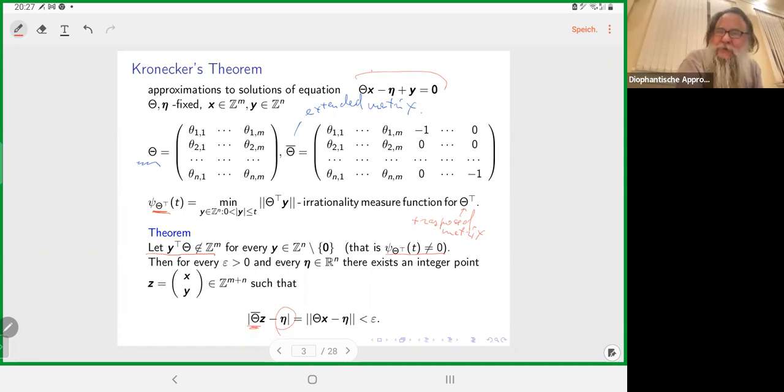Without a quantitative form, and the fact that we do not have a quantitative form here is, in some sense, strange. So I am going to my next slide, and now I will try to explain what I mean by the fact that we have here just epsilon, but not a quantitative value in terms of something like the irrationality measure function.